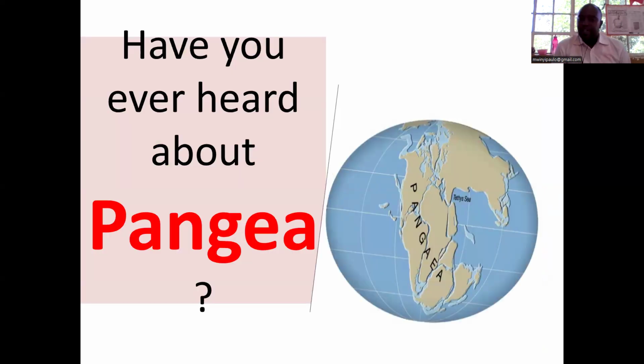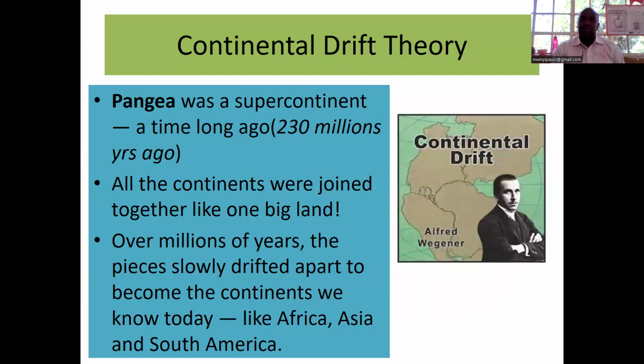Have you ever heard about Pangea? Maybe you've heard of it, or maybe you've not heard of it. What's this Pangea? Now, there's what we refer to as the continental drift theory. According to the continental drift theory, Pangea was a supercontinent a long time ago, about 230 million years ago.